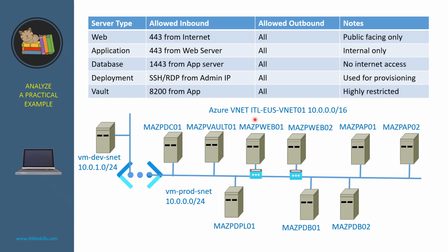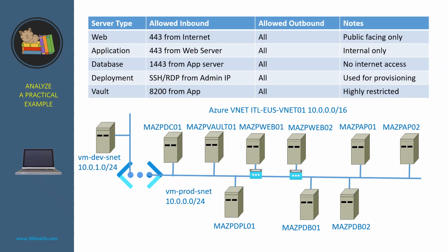On the web servers, we need to allow the access from the internet on port 443. On the application servers, we need to allow the access from the web servers on port 443. On the database servers, we need to allow the access from the application servers on port 1443.